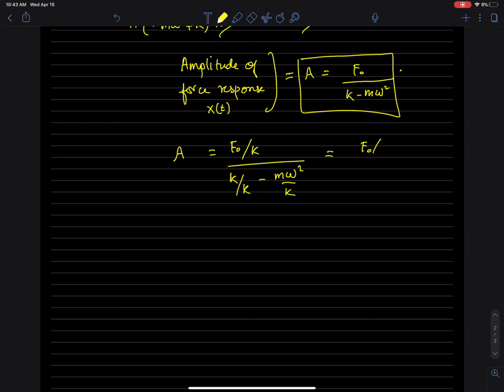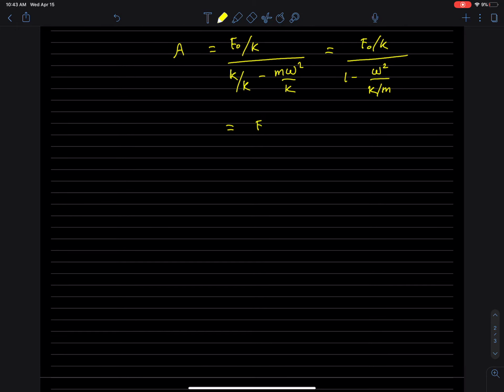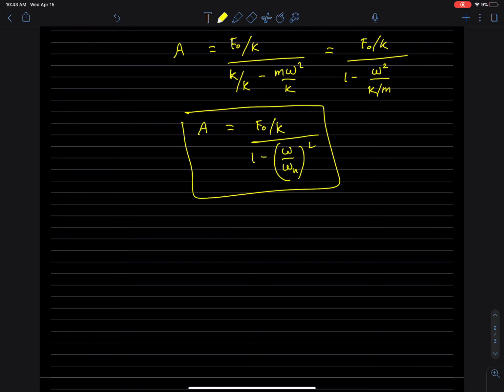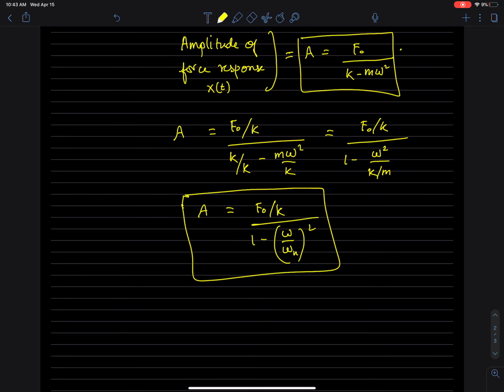This is f naught divided by k, divided by 1 minus omega square divided by k over m, which is another way of writing 1 minus omega divided by omega n, whole square. Okay, so that's a. So these are two good formulas for the amplitude of the forced response. Either one is good. And these will be given on the equation sheet for you to use potentially.